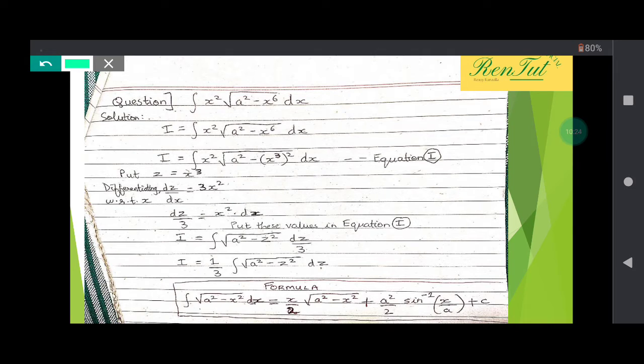And now you need to see the question. Once you see the question, you will come to know there are two terms: x square is there and dx is there. Since dx is in the denominator here, you will take it to the opposite side, where it is division.